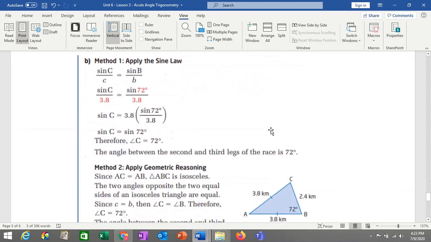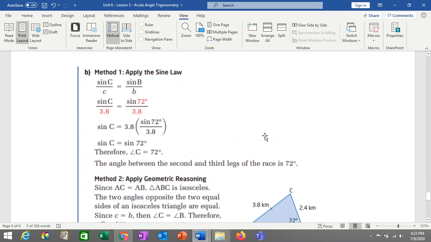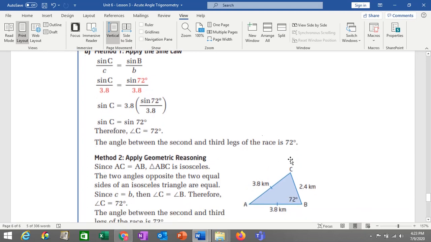So let's see what we got here. So they're going to choose to use the sine law. So again, this is what we have so far. They're going to look for angle C. And so we got 3.8 opposite the 72 and 3.8 opposite angle C. You might notice something here. You don't even really need to do this calculation, but let's do it, and then we'll talk about why.